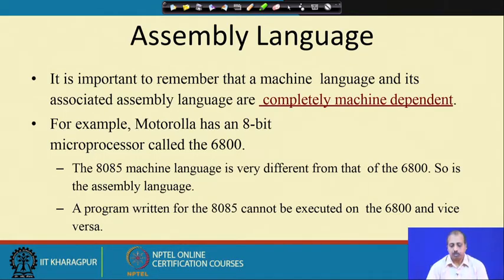So the target has to be specified. If you are installing any compiler, you must know that it asks for the target processor for which the code has to be generated. This is because the machine languages of two different processors are totally different. Something targeted to one processor will not work with the other processor.